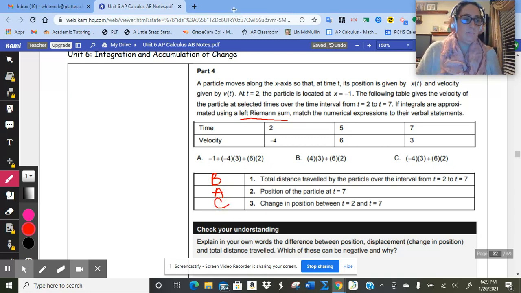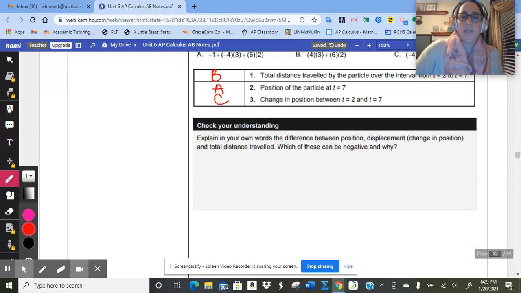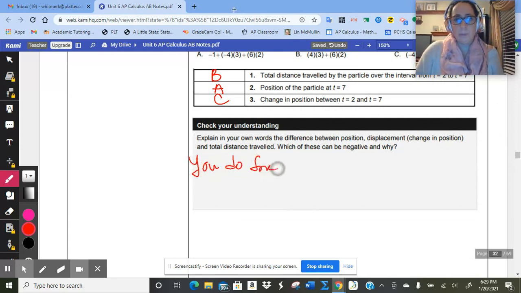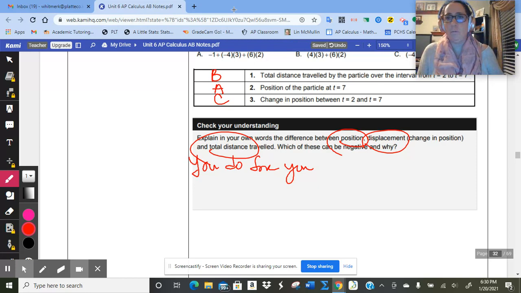All right, very good. And then this is just for you. You do this for you. Make sure you know what all of these are, okay? And I know I've put what helps me and what I am putting on my paper may be a little bit different than yours.